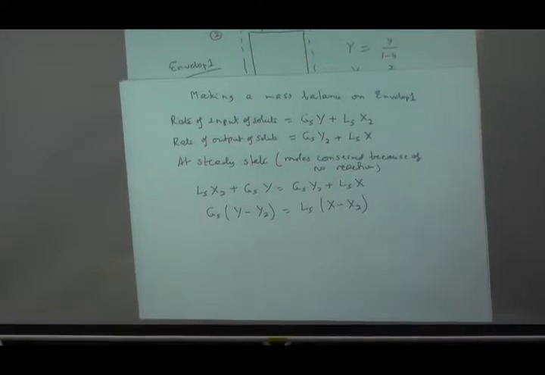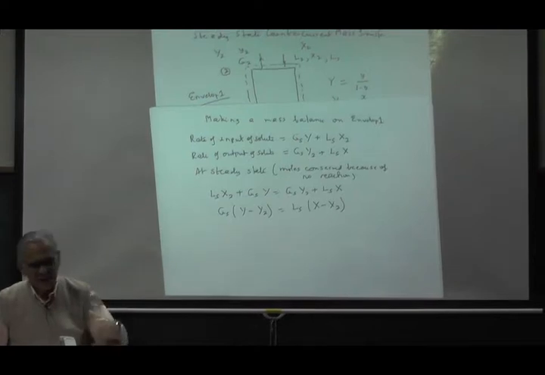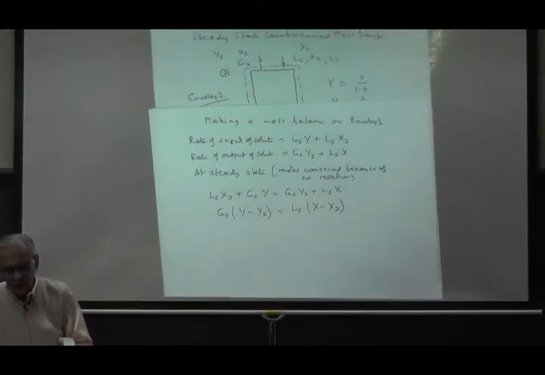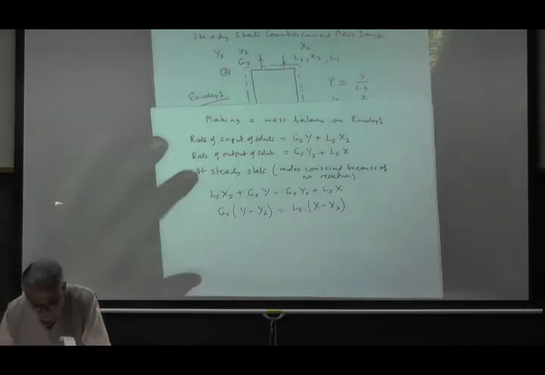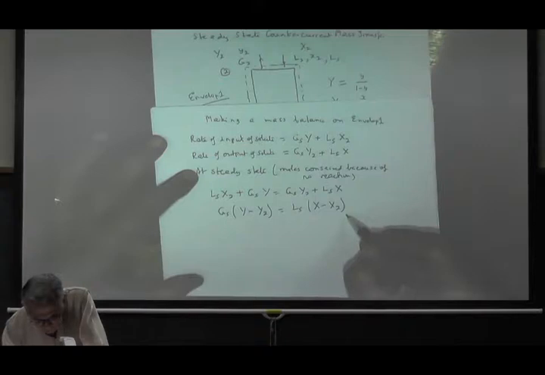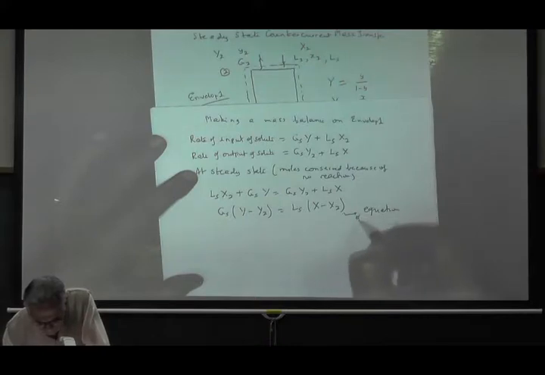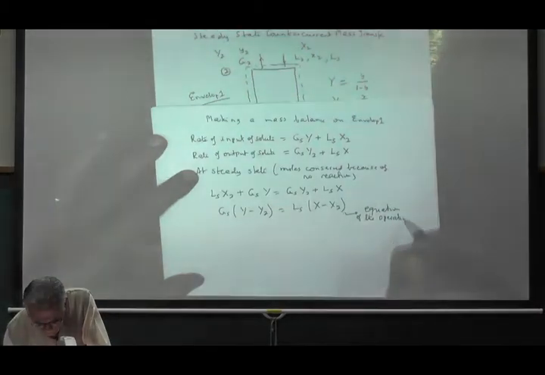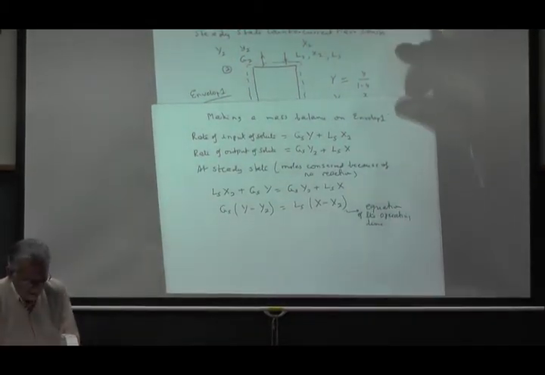So this equation relates the capital Y versus capital X at any point in the tower. These are the bulk values, bulk quantities. This is known as the equation of the operating line, or this is known as the operating line. You could have done it the other way also.